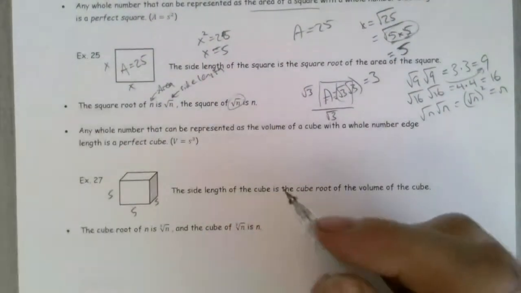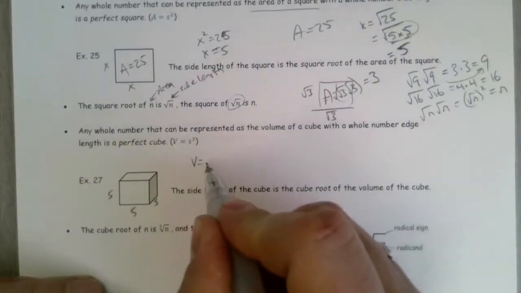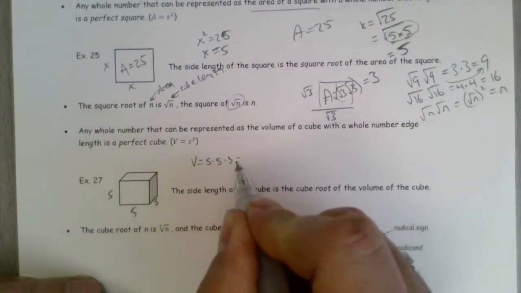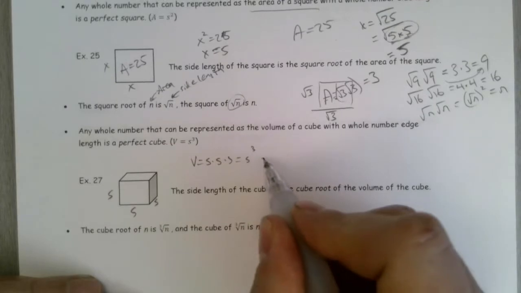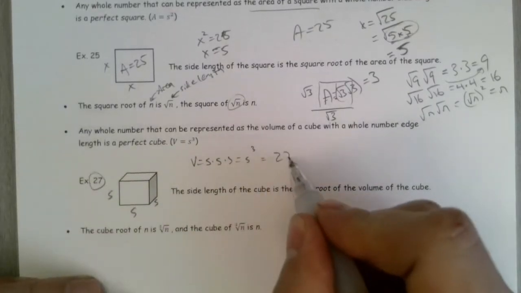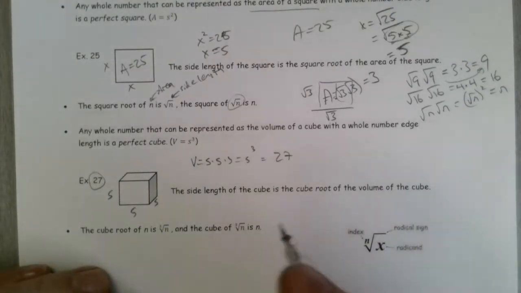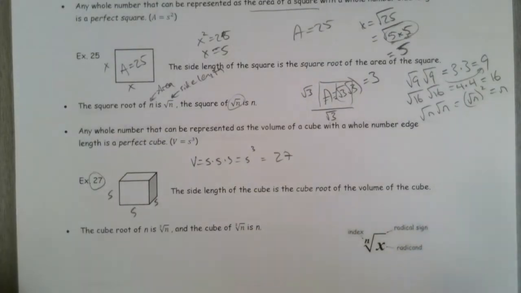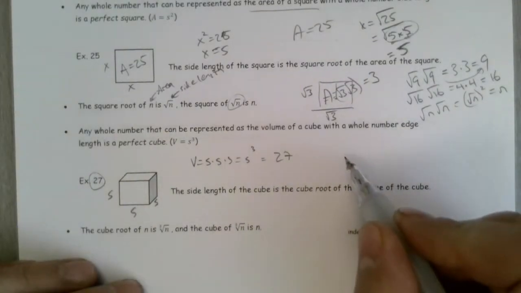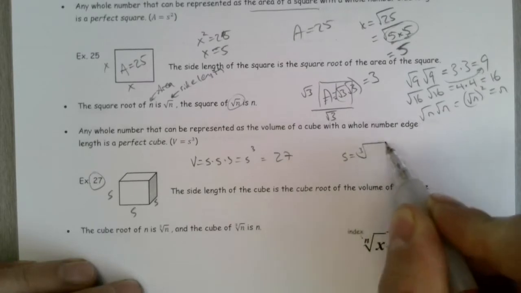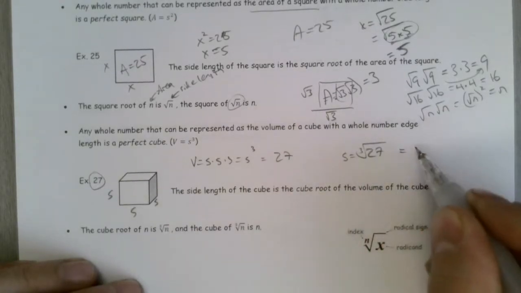In this case, I know that the volume is S times S times S, or S cubed, and I know that in this case that's going to be 27. What I'm asking myself here is, what number multiplied by itself as a factor 3 times gets me 27? The answer in this case is that the side length has to be 3. And so to get the side length, I would do the cube root of 27.